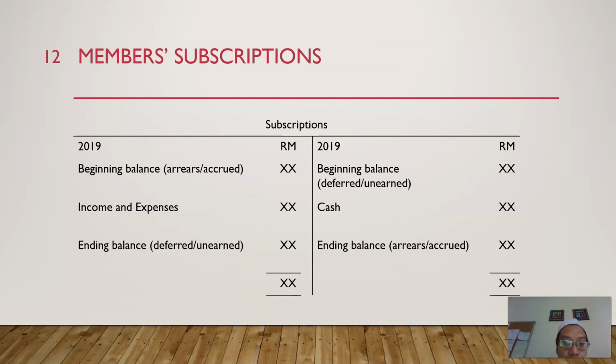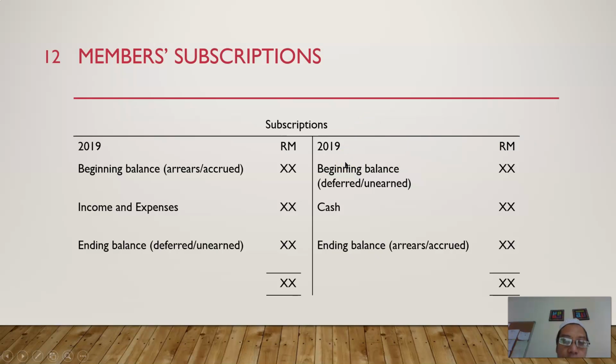So this is some sort of a template, a frame of a subscriptions account. In the subscriptions account, when we receive cash for subscription, we will credit the subscription account. But the subscription account will also have those that have been paid in advance.